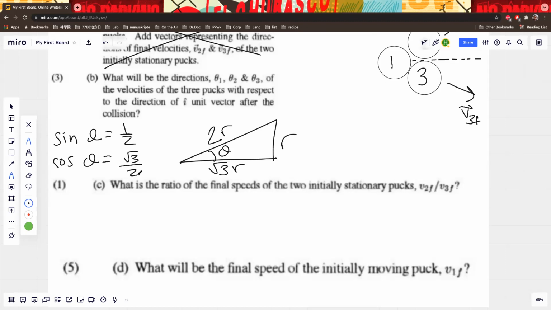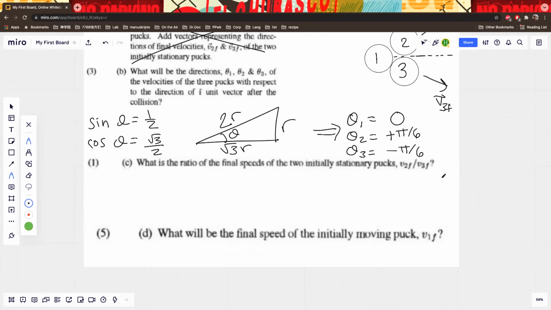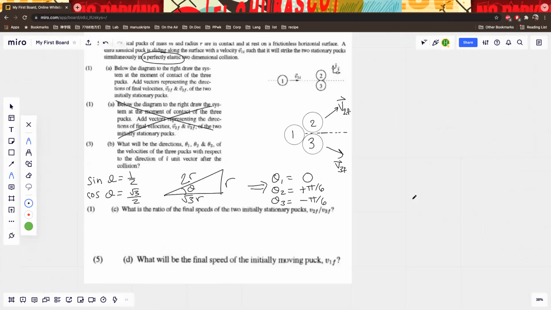And so the three angles ended up being theta 1 equals 0, theta 2 equals plus pi by 6, and theta 3 equals minus pi by 6. So now to try to make sense of this, let me zoom out so that we can see more of what's going on.